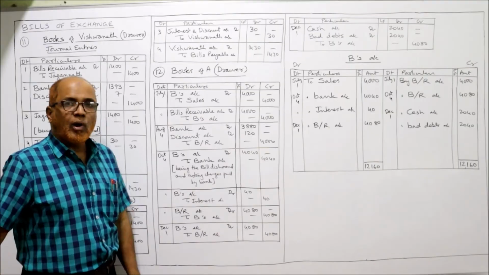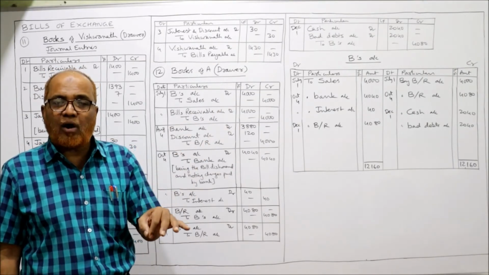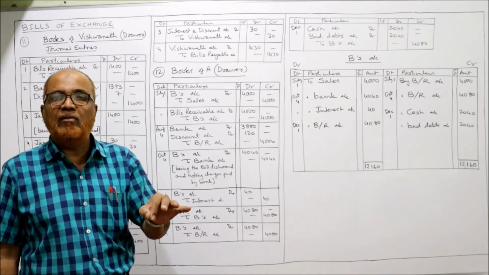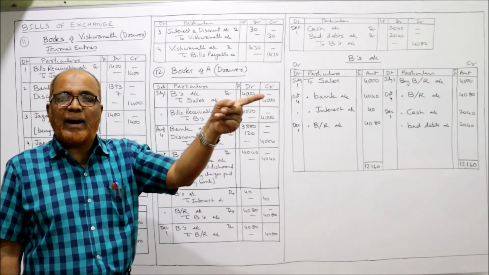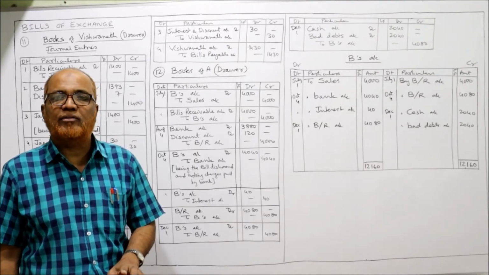Now the next entry, on the due date. On the due date, the banker informed A that the bill was dishonored and the banker had paid 40 rupees noting charges.